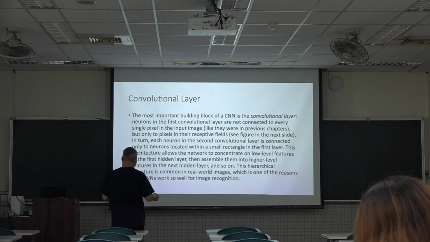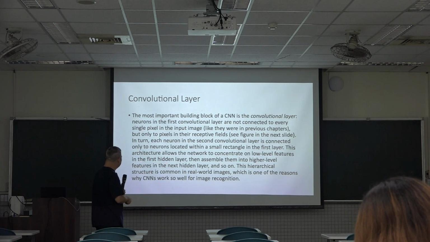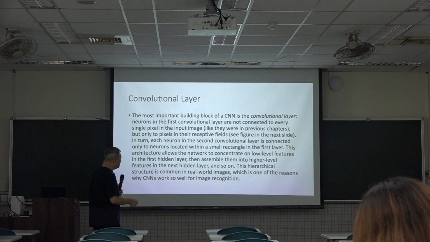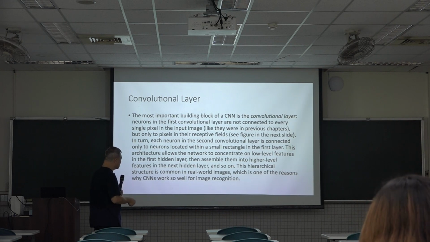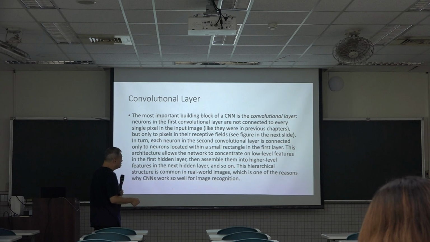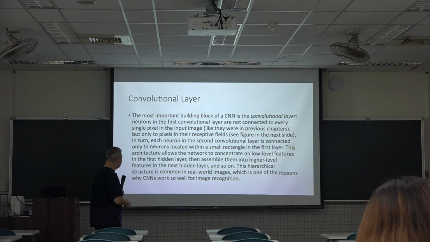So this architecture allows the network to concentrate on low-level features in the first hidden layer, then assemble them into higher-level features in the next hidden layer, and so on. This hierarchical structure is common in real-world images, which is one of the reasons why CNNs work so well for image recognition.